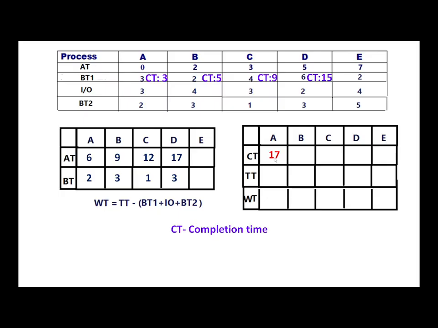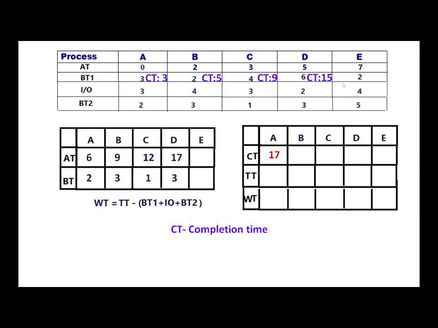Likewise, we need to select the next process, and 17 is the current time. So currently the clock time is 17, and at this time we need to look into the choices. By this time D has also become available, but we cannot select D and we have to select between B and E. Comparing B and E, E has the lowest arrival time. So we need to select E as the next process.